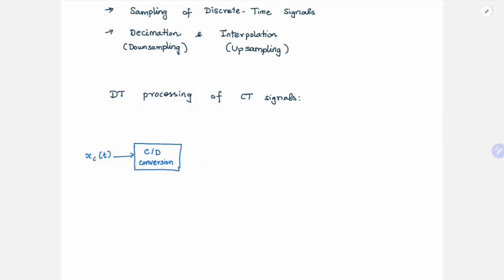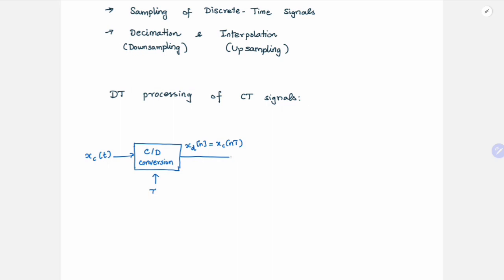And then here we have xd of n, the discrete time samples given by xc of nT. So here T is the sampling period.